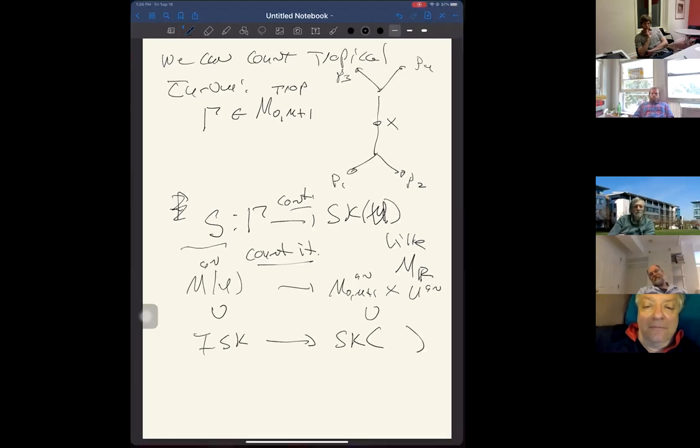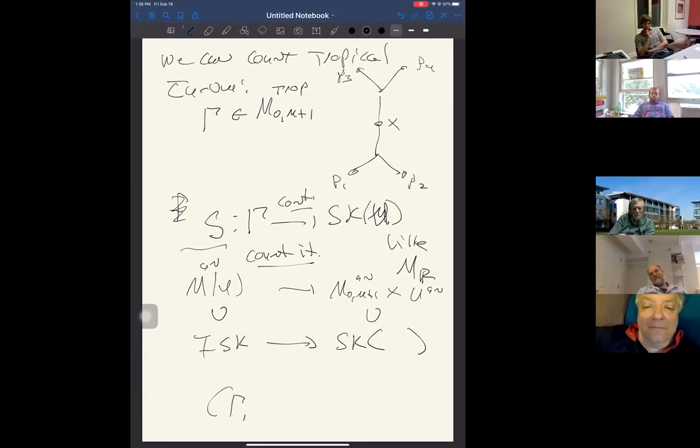Well, okay, let's look at the pair, gamma, together with the image of the last point, S of X. That lives in here. The skeleton here, remember, was the product. It was M0, M plus 1 tropicalization cross the skeleton of U. So there's a point in here. I've got this map phi here.